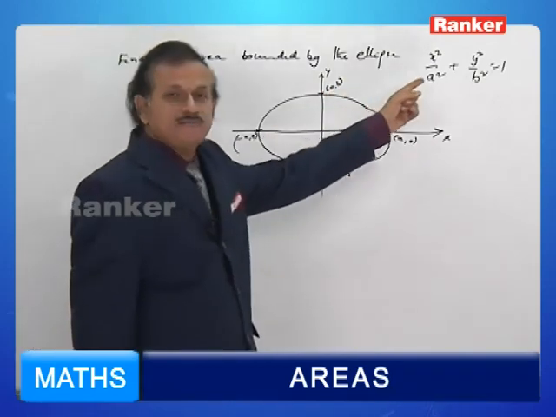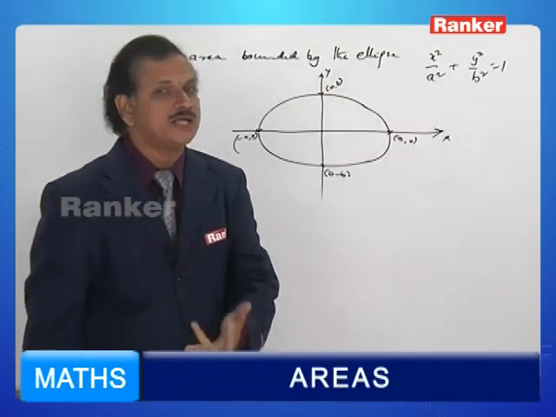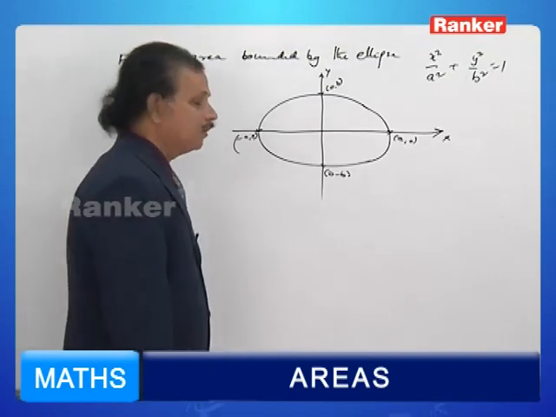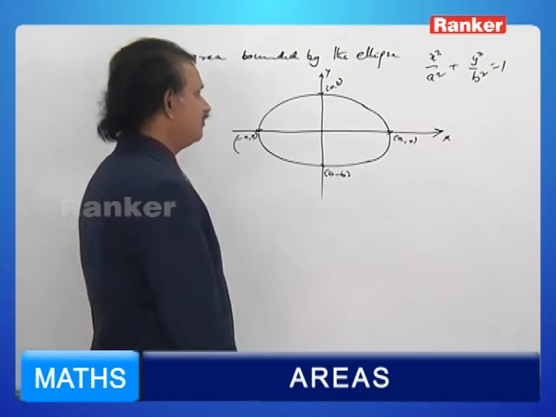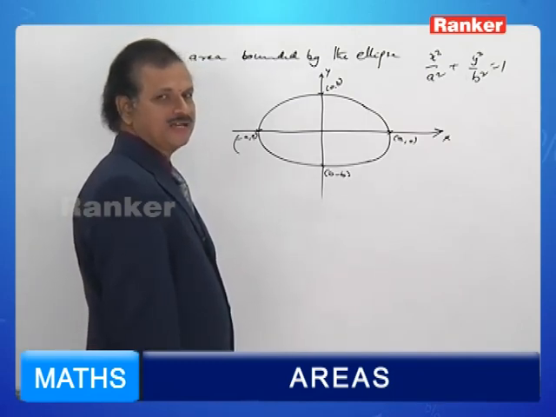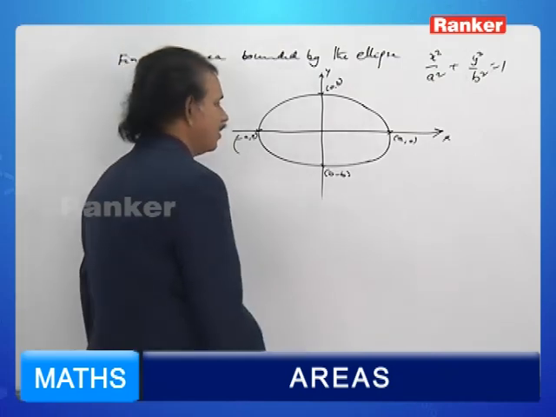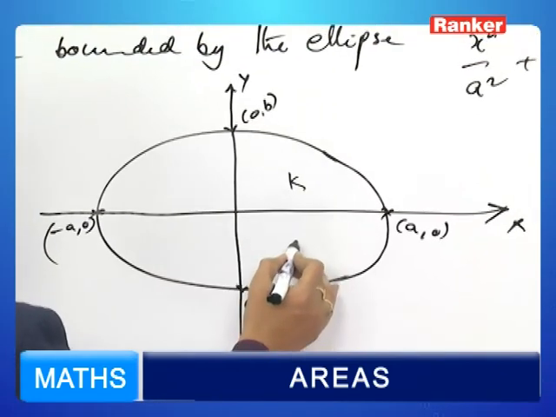The equation of the curve contains both even powers of x and even powers of y also. So it is symmetric about both x-axis and y-axis. First of all, it contains even powers of y, so it is symmetric about x-axis. Therefore, if this area is k, this is also k.